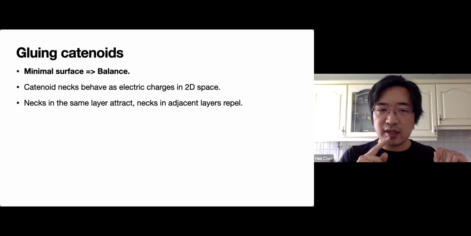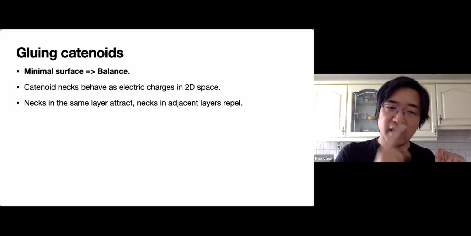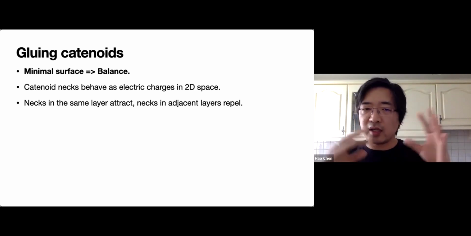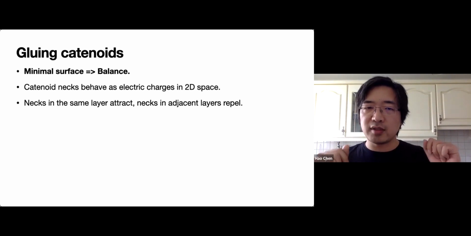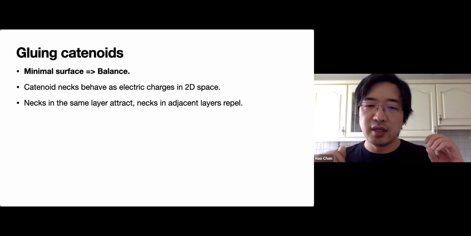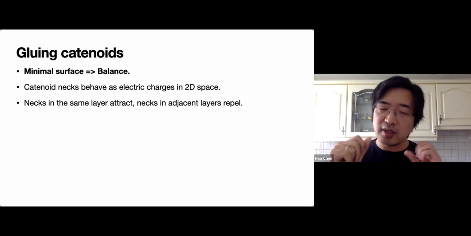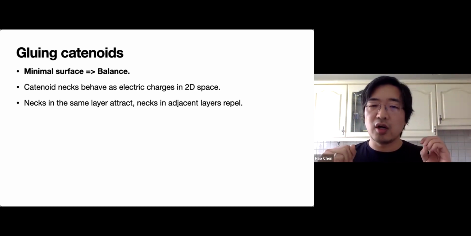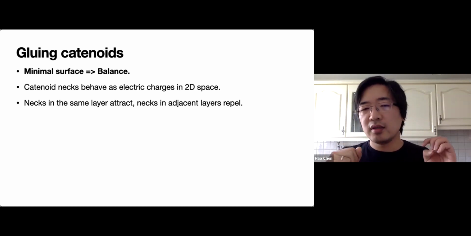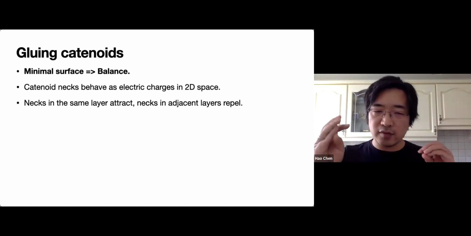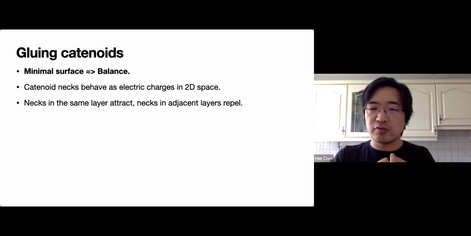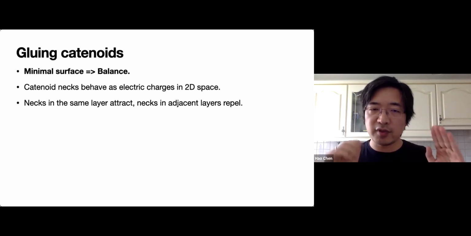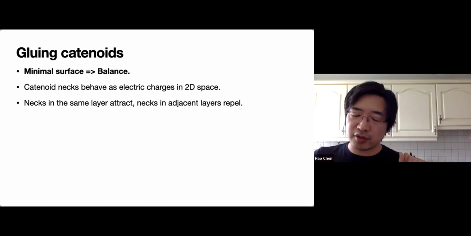Another description is that necks in the same layer attract each other, like electric charges of opposite sign. And necks in adjacent layers repel each other, like electric charges of the same sign. And if they are further away, then they do not interact at all. So this is a very rough description of the interaction.